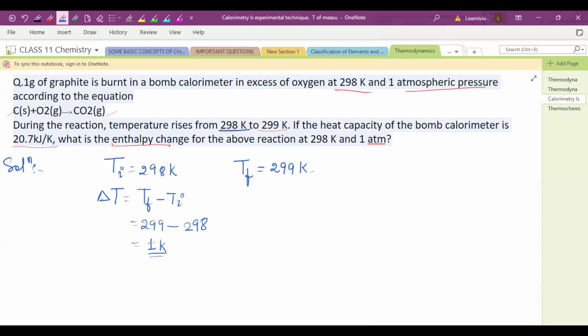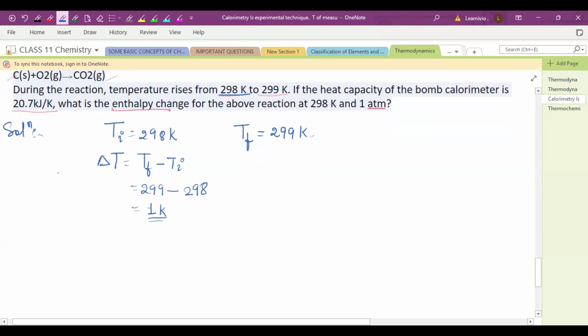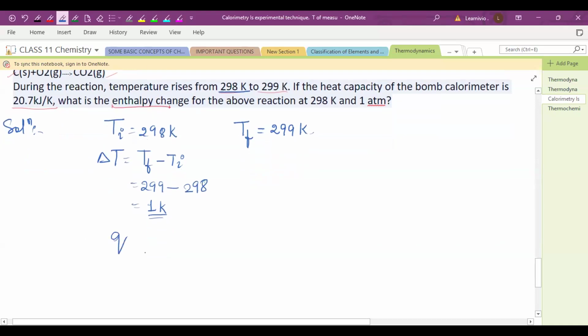Okay. Next. Now we have found the temperature change. Now let's calculate the heat absorbed by the calorimeter. So write down heat Q calorimeter.